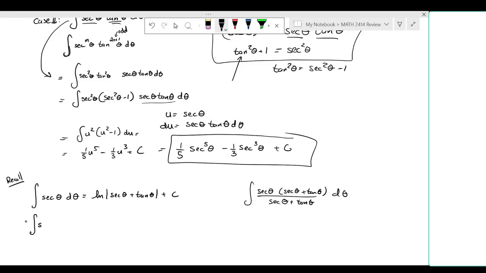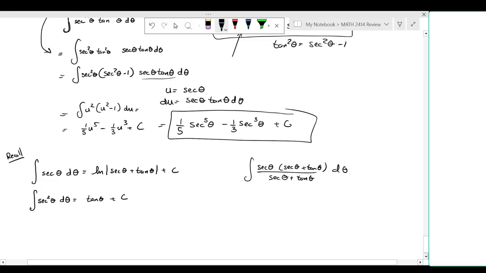And what is the antiderivative of secant squared? Yeah, the derivative of tangent is secant squared. Okay, so how would you integrate, just really quickly, tangent squared?